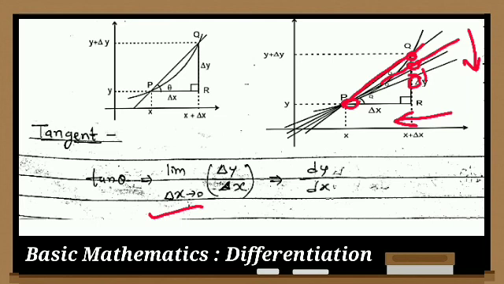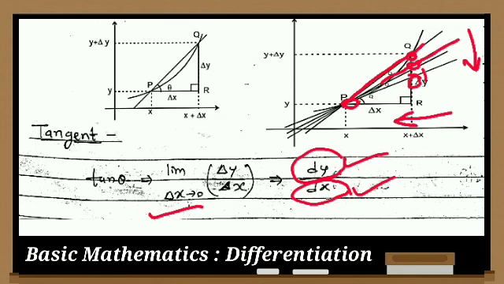As we decrease the value of delta x, the value of delta y is also decreased. So as delta x goes to dx, the value of delta y becomes very small and becomes dy.